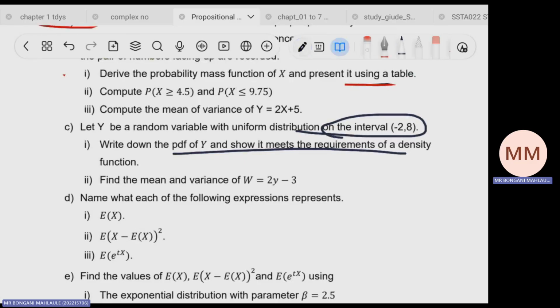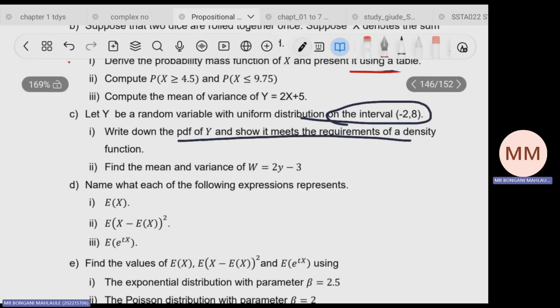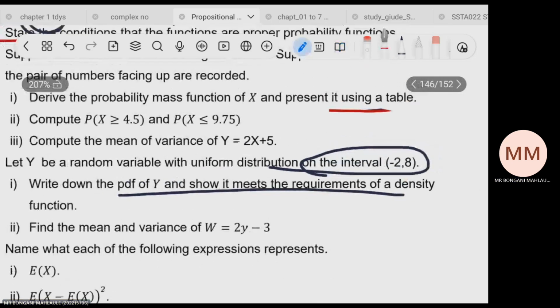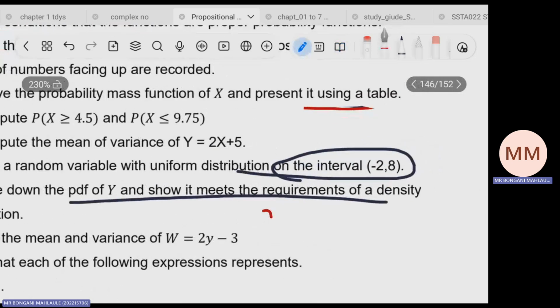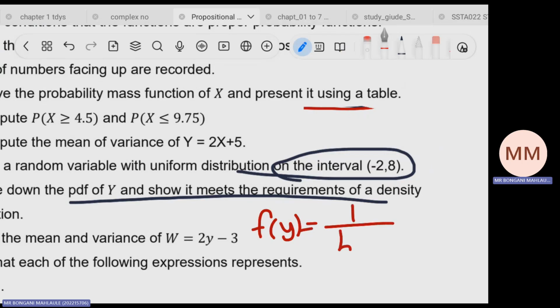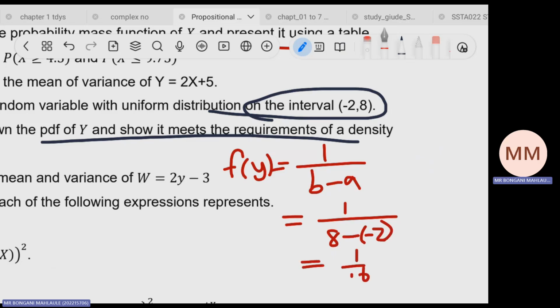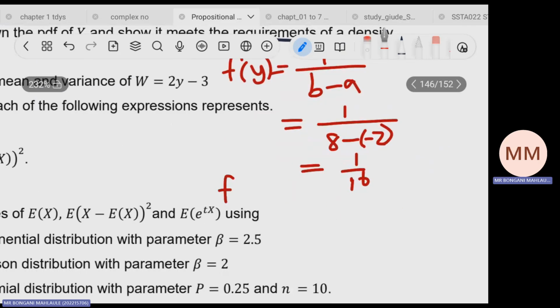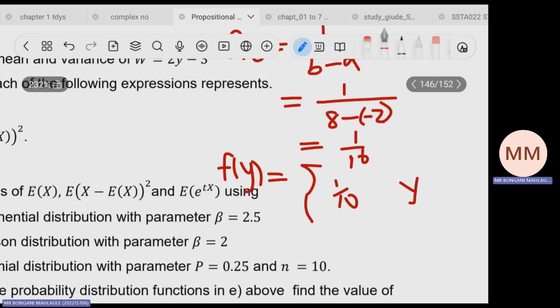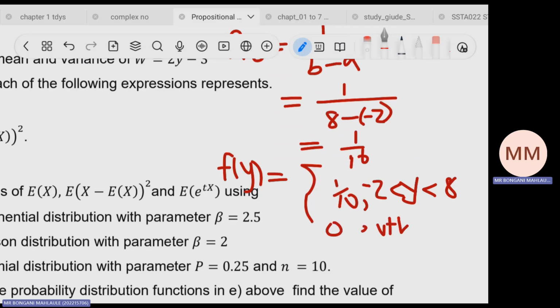So I'm looking for the PDF of Y, and we know that for uniform distribution, the formula is 1 over b minus a. So this will just be 1 over 8 minus negative 2. This will be 1 over 10. Then our PDF will simply be 1 over 10 when Y is between negative 2 and 8, and 0 otherwise.